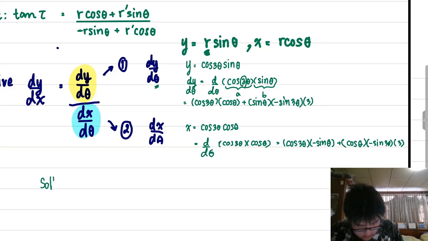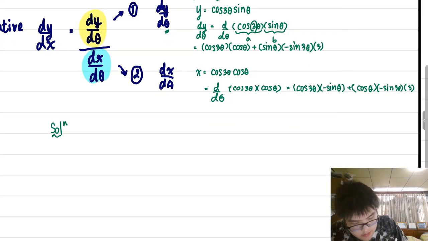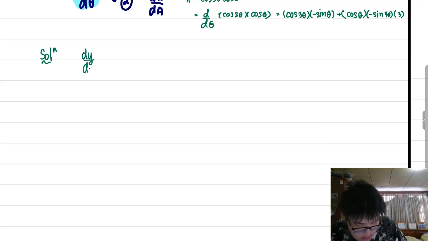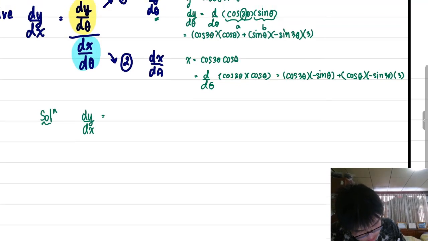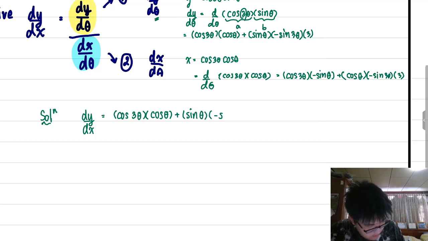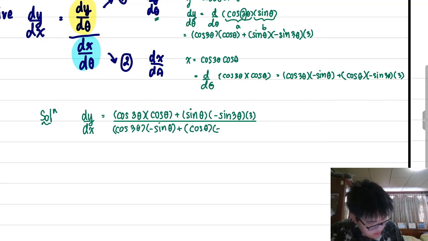For the solution, dy by dx equals cosine 3 theta multiplied with cosine theta plus sine theta times negative sine 3 theta multiplied by 3, divided by cosine 3 theta times negative sine theta plus cosine theta times negative sine 3 theta times 3.